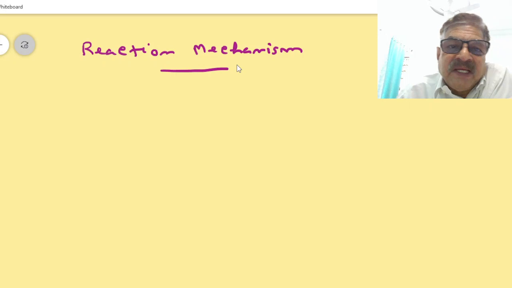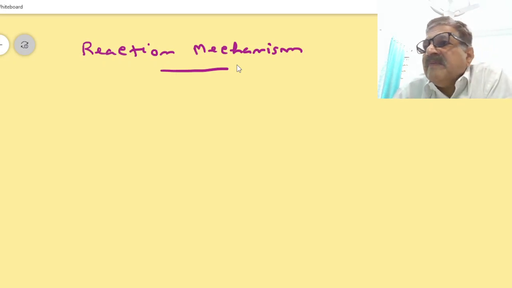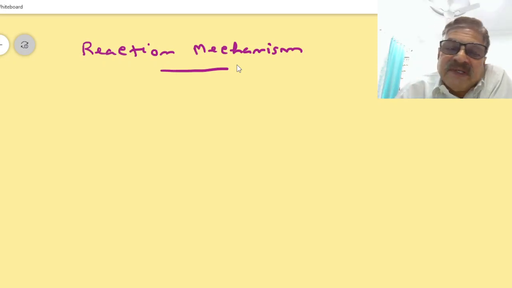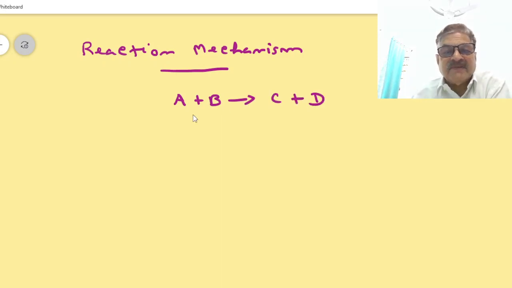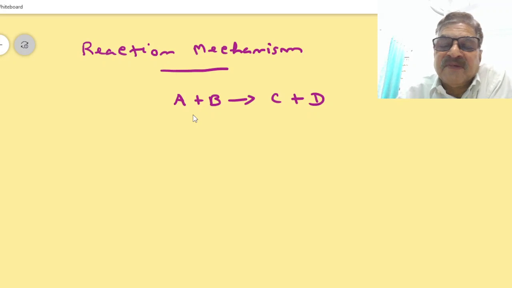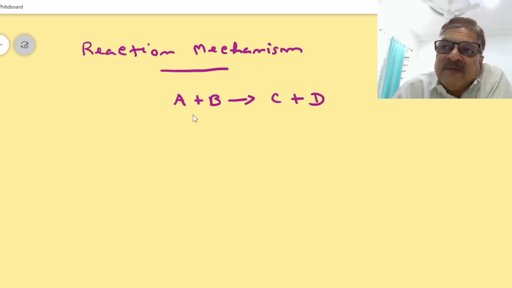A chemical equation indicates the initial reactants and final products. So A plus B giving C plus D. In an equation of this nature, we know only the starting materials A and B and the final products C and D. So a chemical equation indicates the initial and final products of a reaction, but it does not indicate how the reaction proceeds.